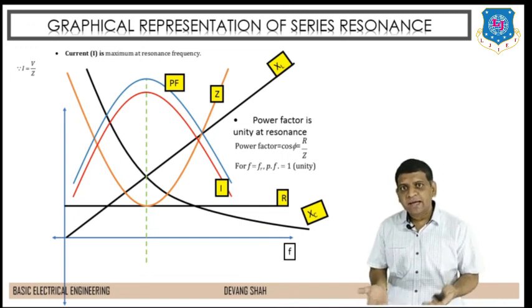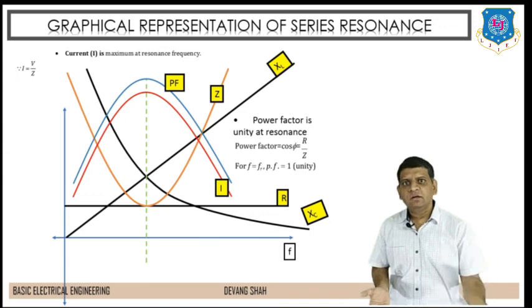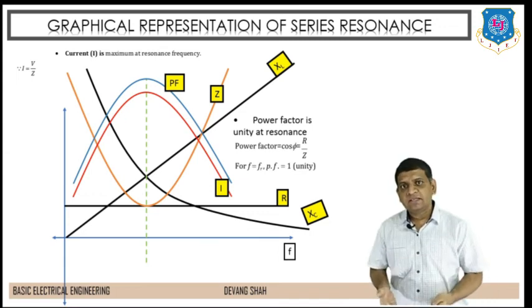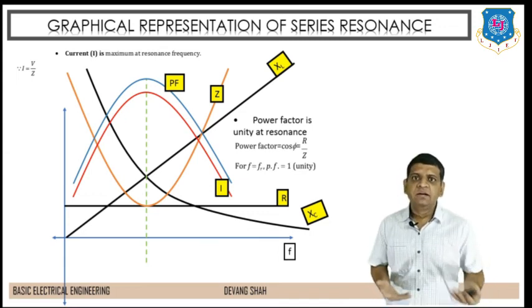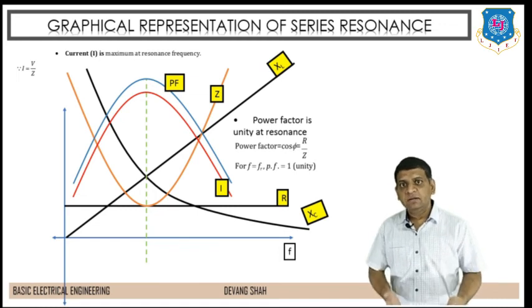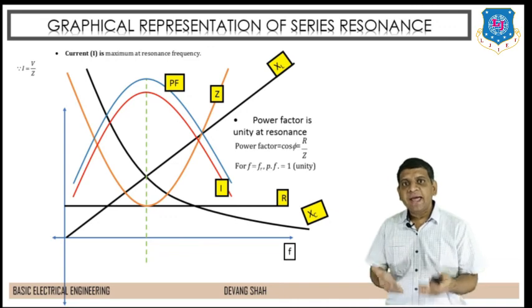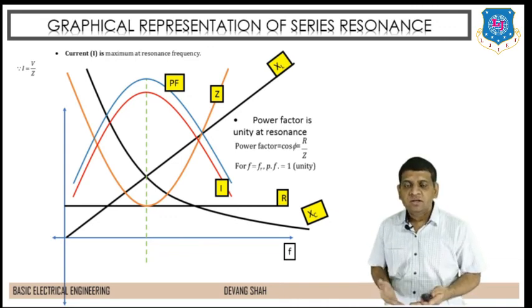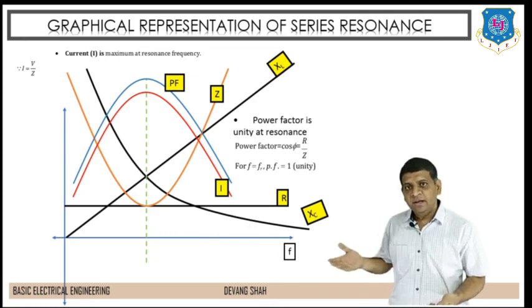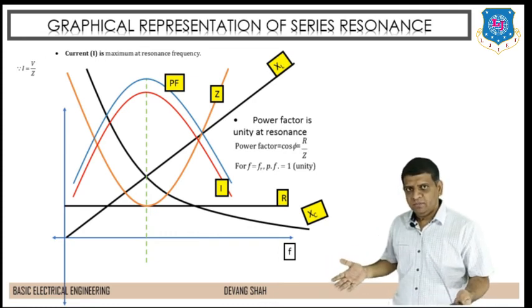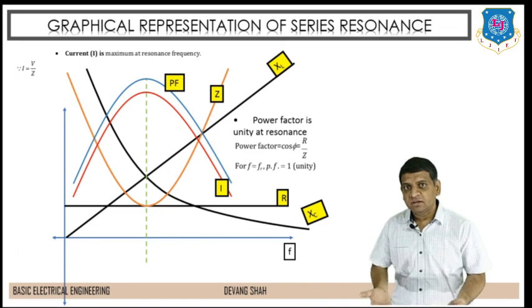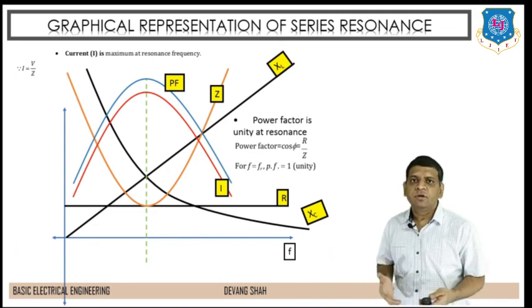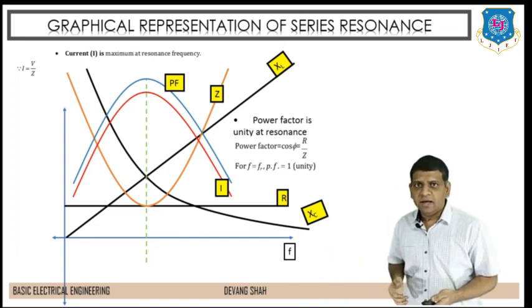X is equal to XL minus Xc if XL is greater than Xc, and X is equal to Xc minus XL if Xc is greater than XL, right? But at resonance, the value of X is equal to 0. That means the net reactance is equal to 0, since XL is equal to Xc. So there you will get one more line, the net reactance, that passes through the resonant frequency fr in this diagram, right?